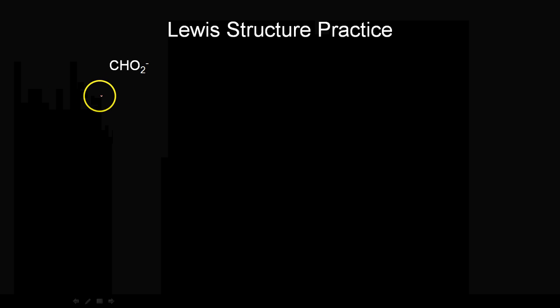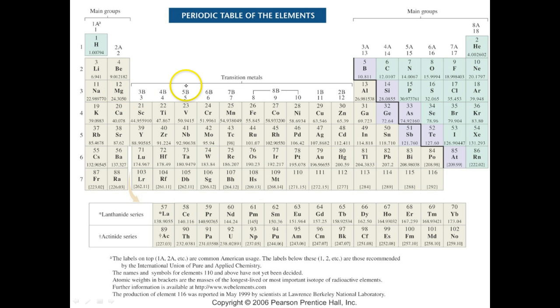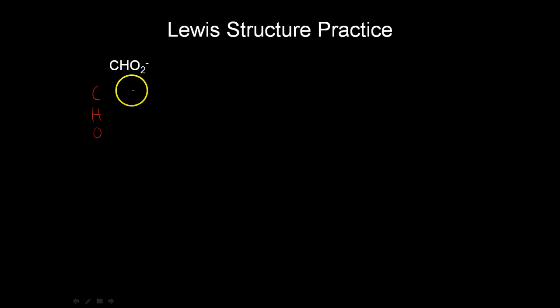So we have to find out how many valence electrons carbon, hydrogen, and oxygen have. We go to the periodic table. We see carbon's over here, group 4A. It's got 4 valence electrons. Oxygen's got 6 valence electrons. Hydrogen's got 1. So we have 4 times 1, 1 times 1, and 6 times 2, because there are 2 oxygens in here.